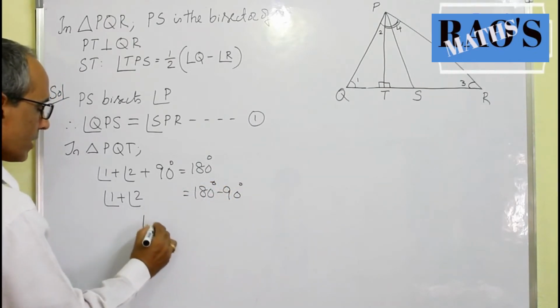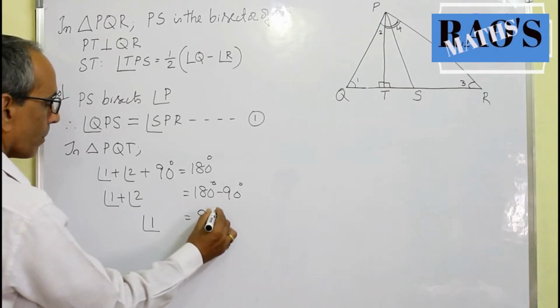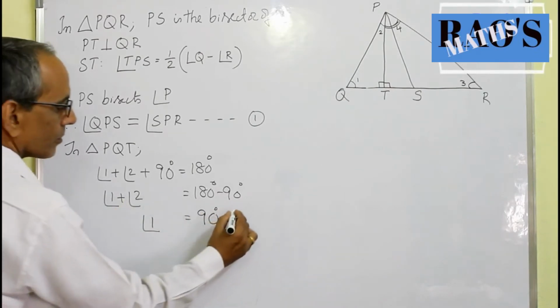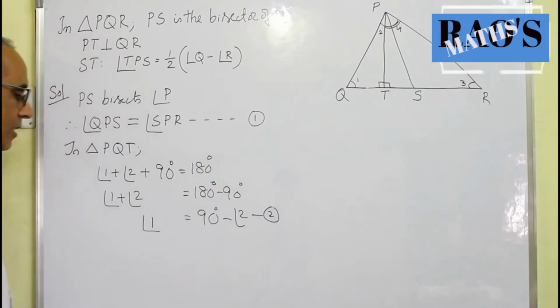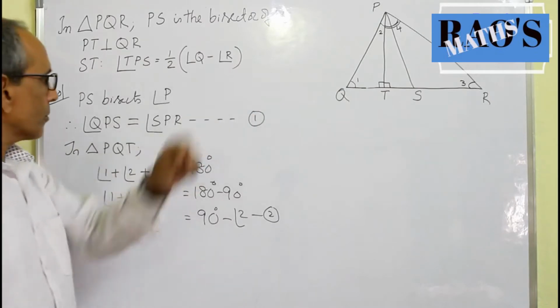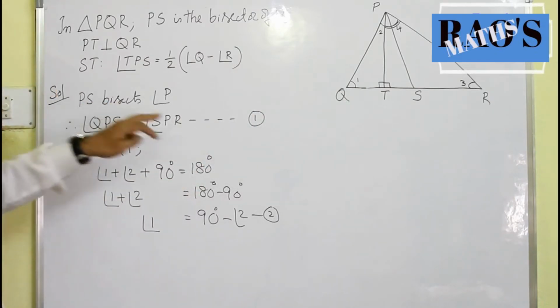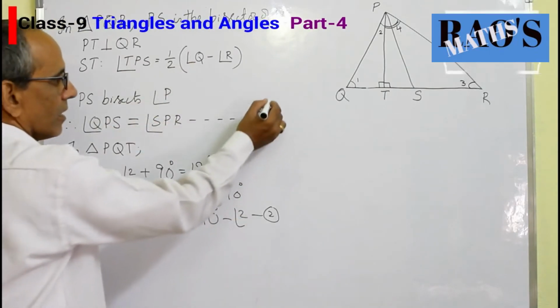Therefore angle 1 is equal to 90 minus angle 2. Okay, this is the second statement. So angle 1 is nothing but angle Q. I made this the subject in my derivation.